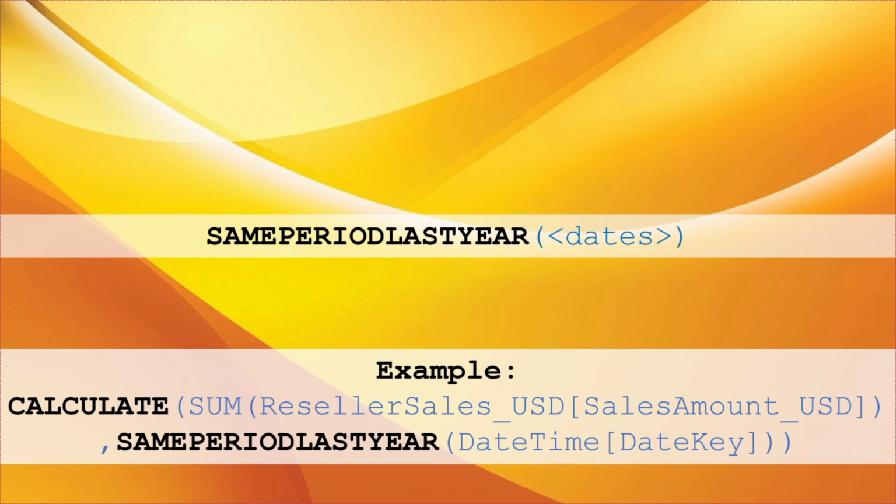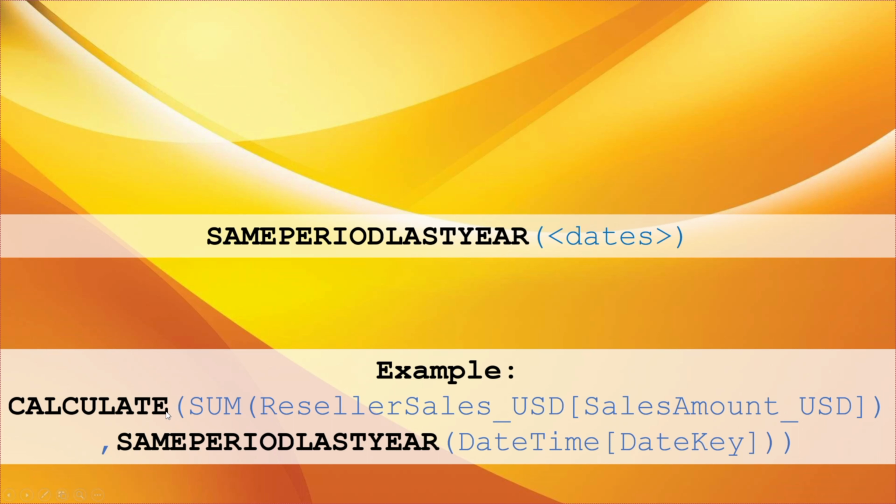This sample formula creates a measure that calculates the previous year sales of reseller sales. So the formula is written as CALCULATE(SUM(reseller sales USD, sales amount USD), SAMEPERIODLASTYEAR(date time, date key)).